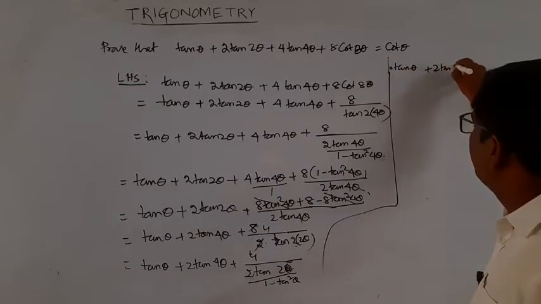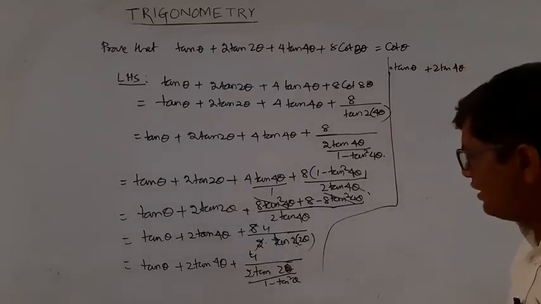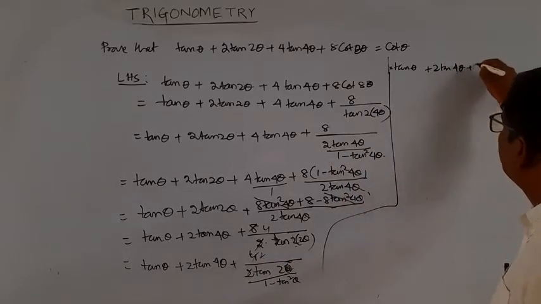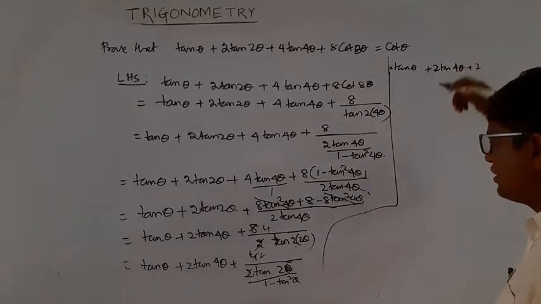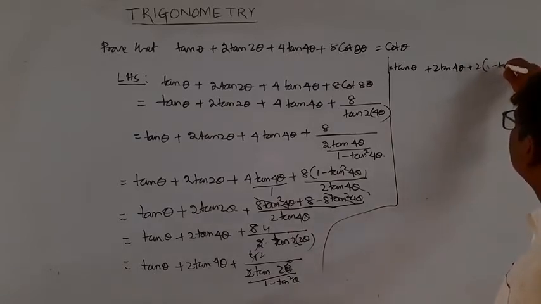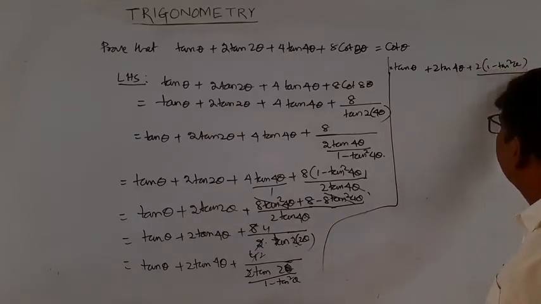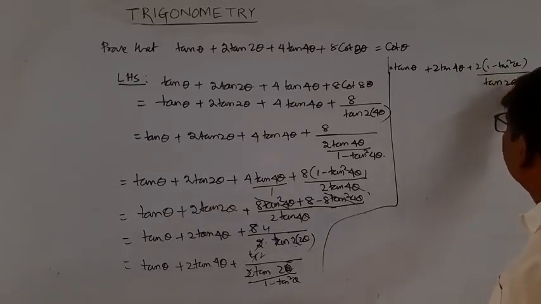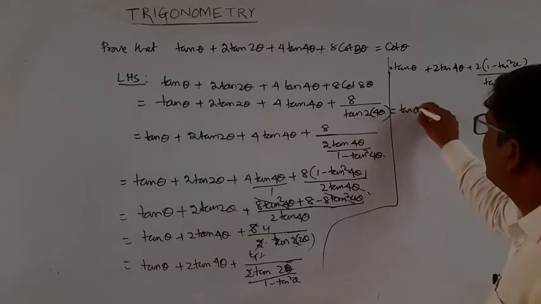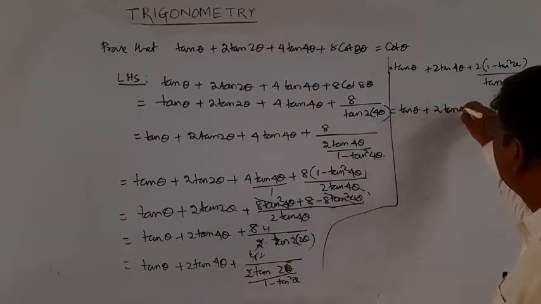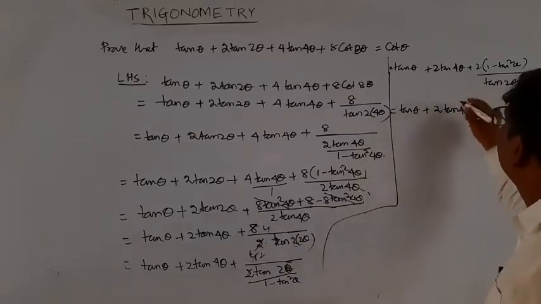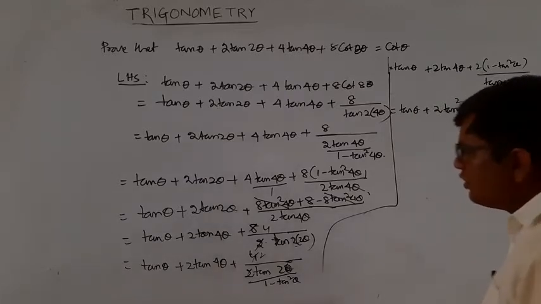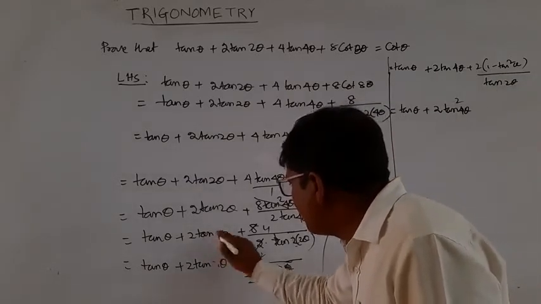Plus 2 tan 2 theta, and this cancels here, and this cancels here, plus 2 into 1 minus tan square theta divided by tan 2 theta, that is equal to tan theta plus 2 tan 2 theta, LCM here 2 tan square theta, and this is 2 theta, okay.